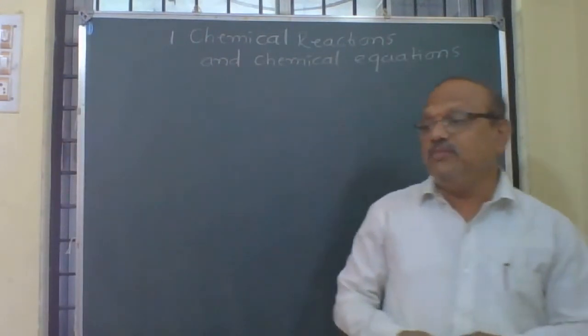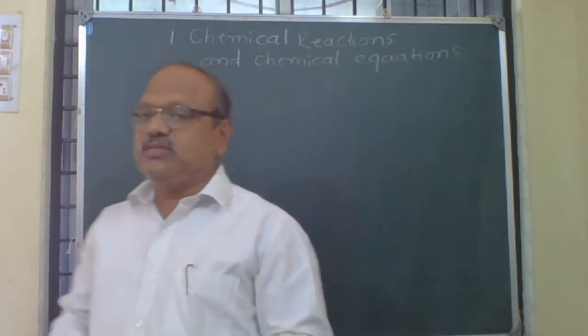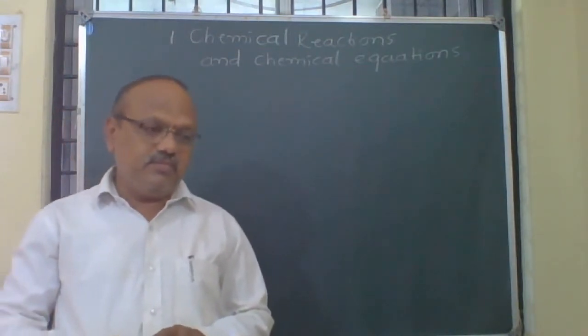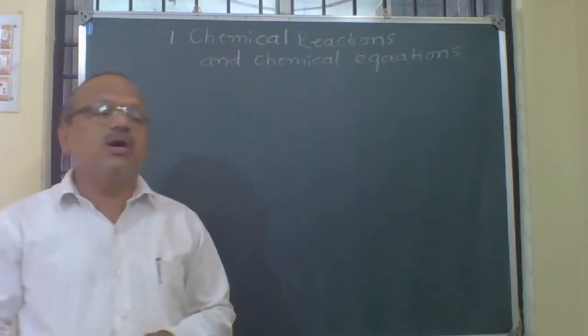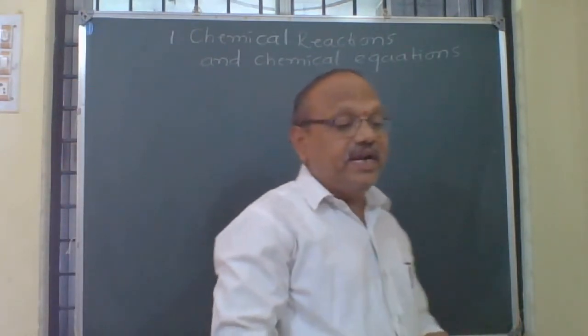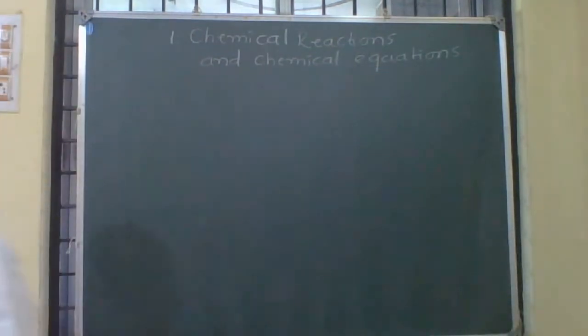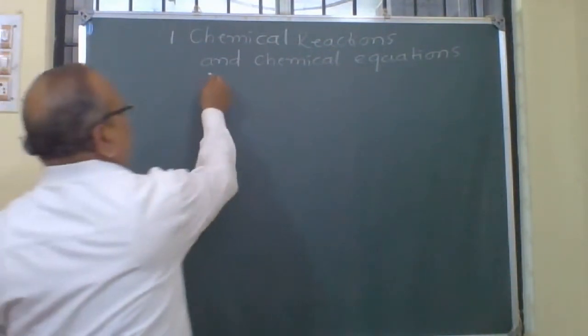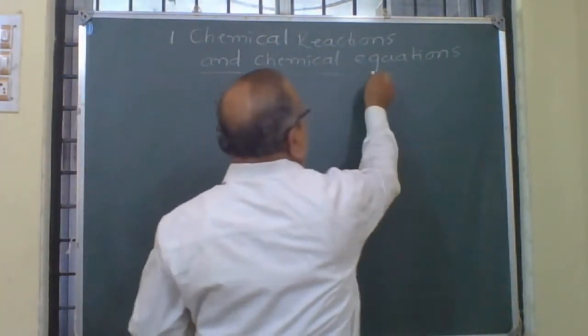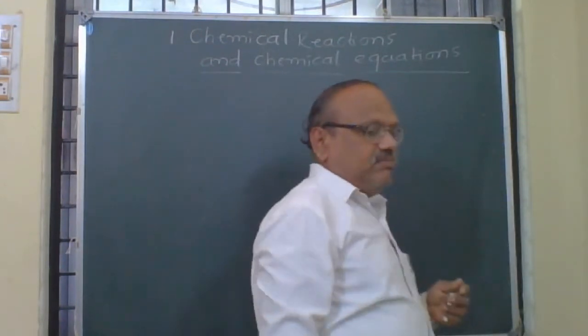What about a compound? A compound is a substance formed by the chemical combination of two or more elements in a definite proportion by mass. Right? So let us continue the study today with how we represent an element.